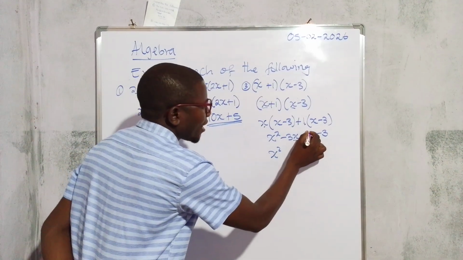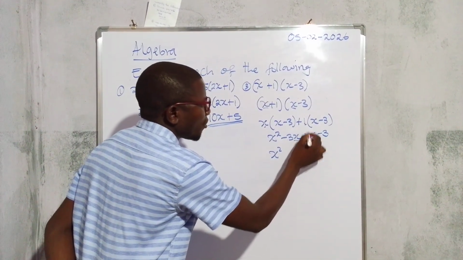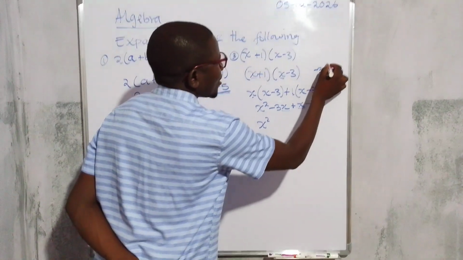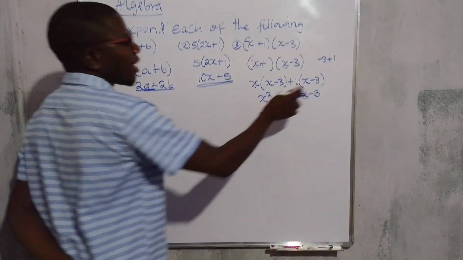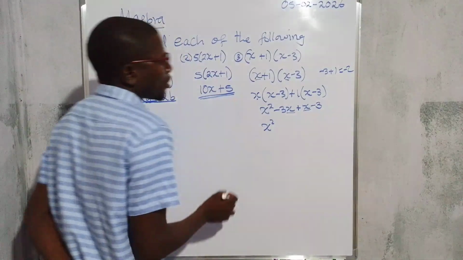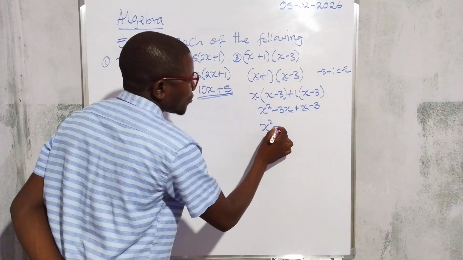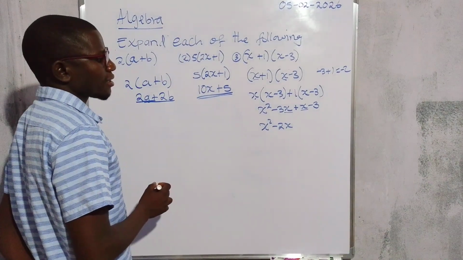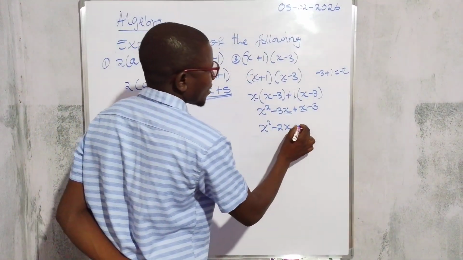This x has a coefficient of 1, so this is the same as negative 3 plus 1. In integers, you know that this gives us negative 2. So this is going to give us negative 2x minus 3.